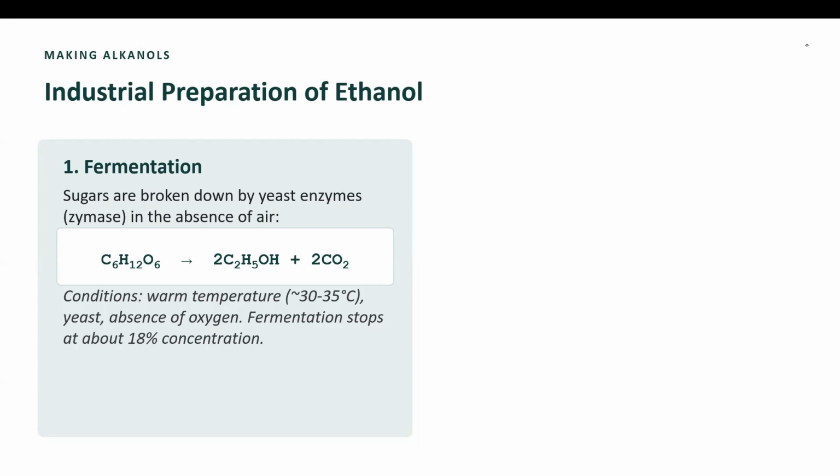In fact, it will kill the yeast itself. Zymase is proteinous. It's an enzyme, so it's an organic catalyst. It is proteinous in nature. High concentration of alcohol destroys proteins.